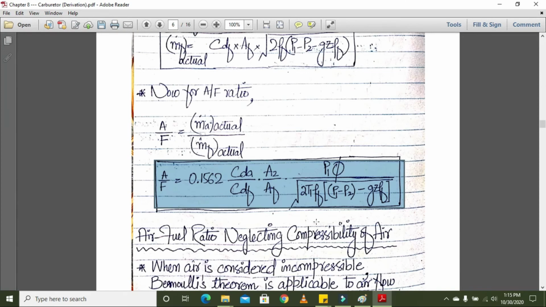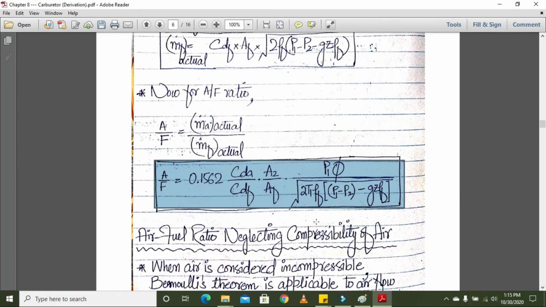So this was the derivation, this was the relation which we were asked to obtain. It's a bit complicated relation and required a number of formulations as well.